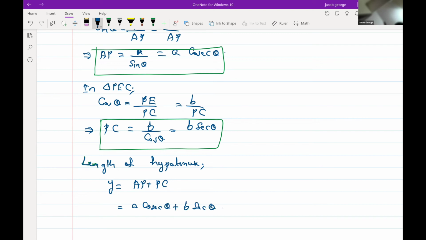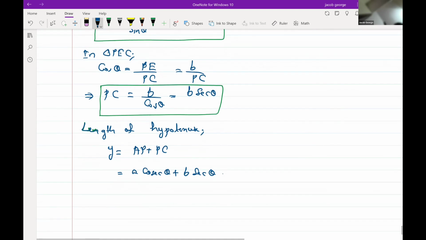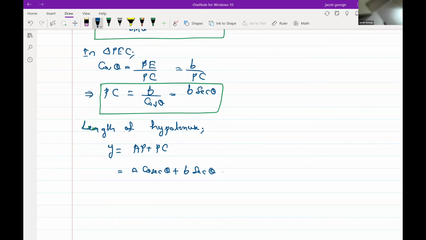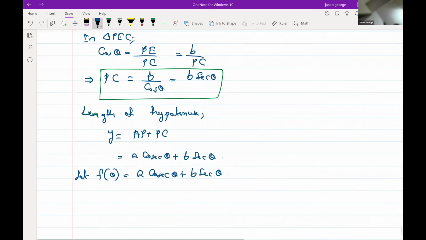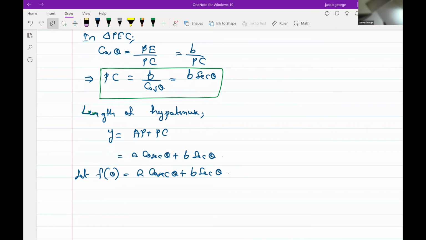This is the required function, a function of theta. So we can call this f of theta. So let f of theta be equal to a cosec theta plus b sec theta.